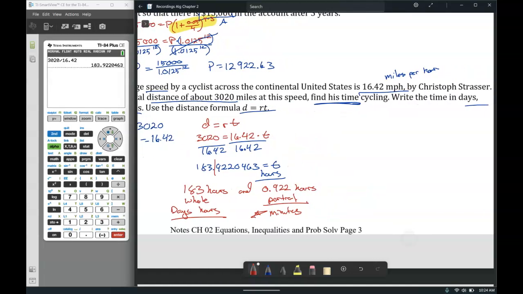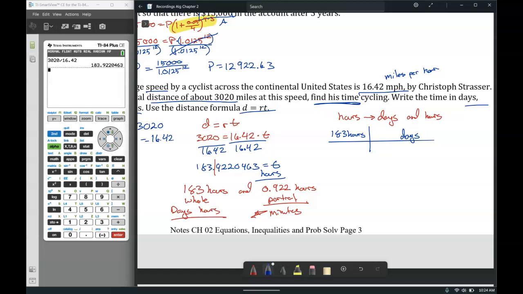Let's start with converting hours to days and hours. Now, if you've ever taken chemistry and you've done unit conversion or stoichiometry, then that skill is going to come in handy. We're starting with 183 hours, and we want to convert our hours into days.